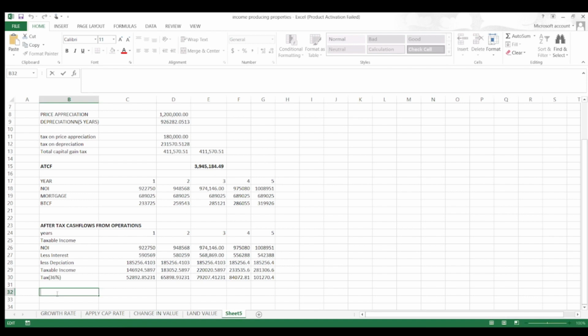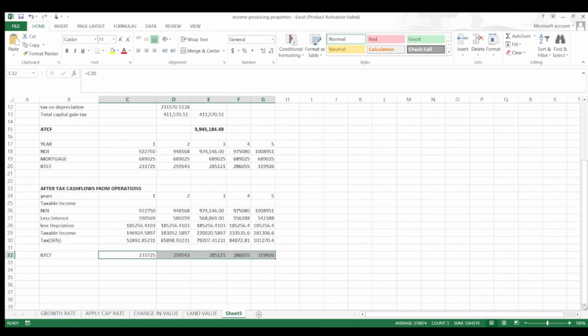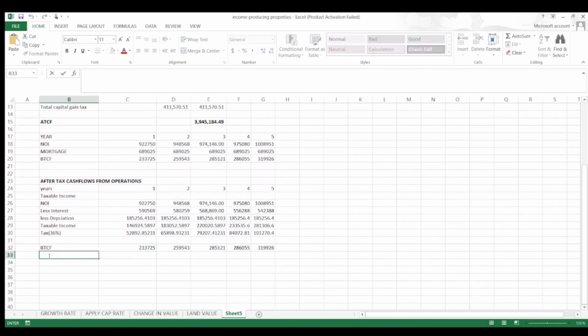So the before tax cash flow for the first year, we had already computed it up here. Now we can simply drag this over. That's our before tax cash flow. Then we need to less the tax paid, which in this case is this amount here.